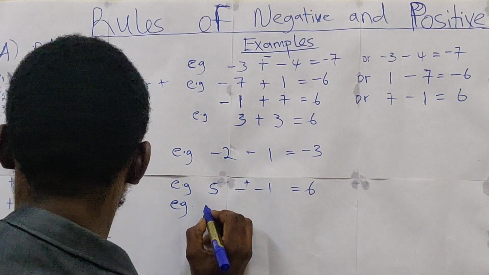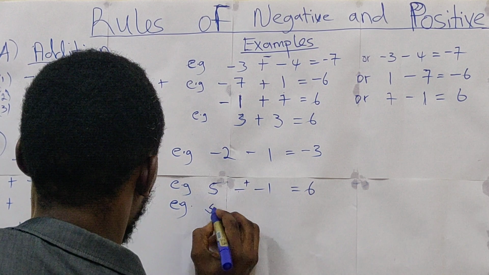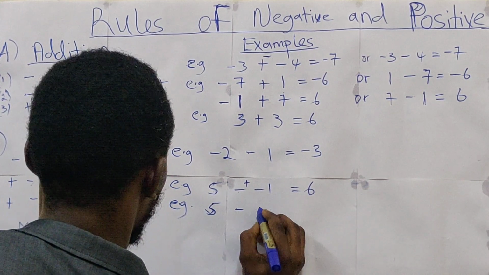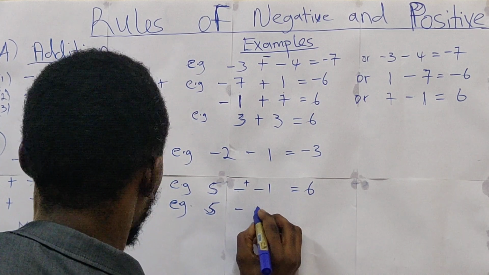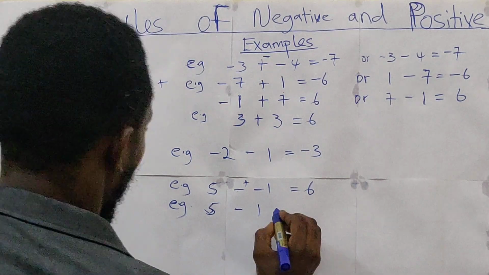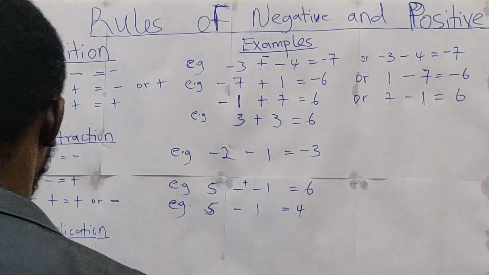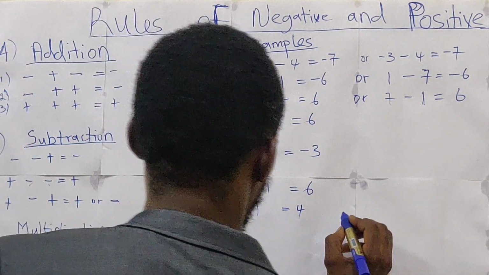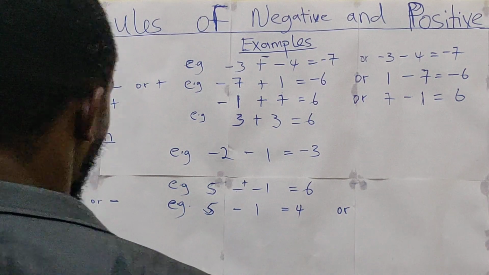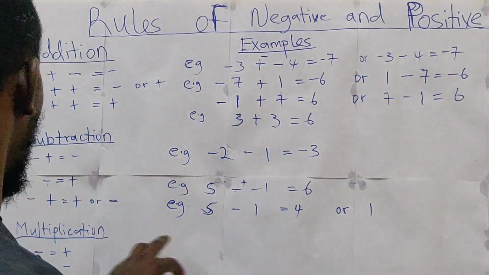So we have 5, negative 1, which equals 4, or 1. This one is for the positive.